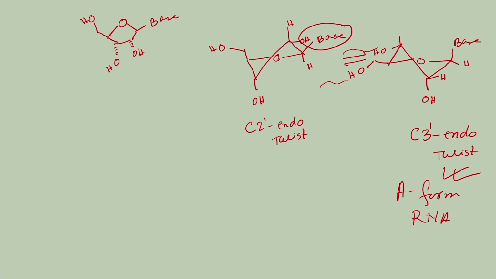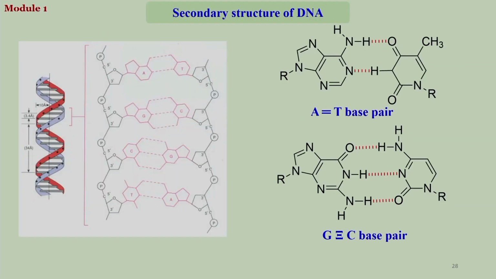So, RNA mostly has A conformation and DNA has B conformation, and that is one of the reasons, of course, coming from the different sugar pucker conformation of the DNA and the RNA. So, these are the factors that play important roles in determining the specific structure of the DNA, as I have talked about again and again.